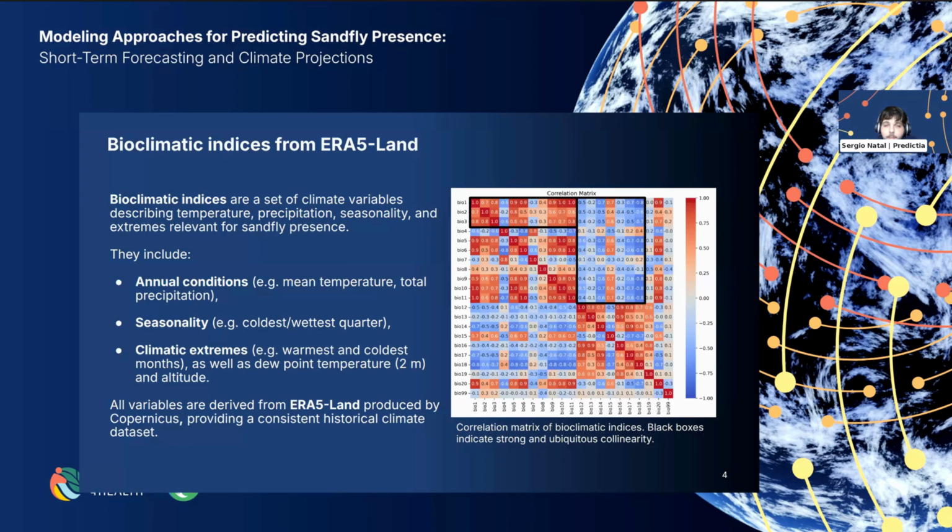As expected, many of these variables are strongly correlated, as you can see in the figure on the right, meaning that they contain redundant climate information. This reflects the natural structure of climate systems, but it also creates a challenge for modeling. For this reason, feature selection and model regularization are essential to avoid overfitting problems and improve the interpretability of the models.